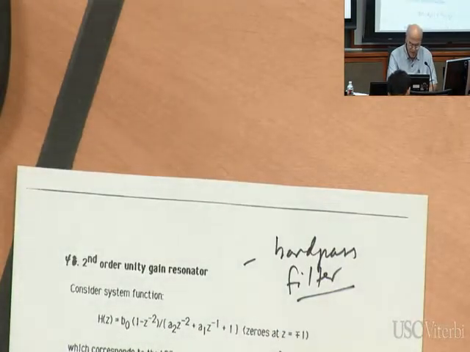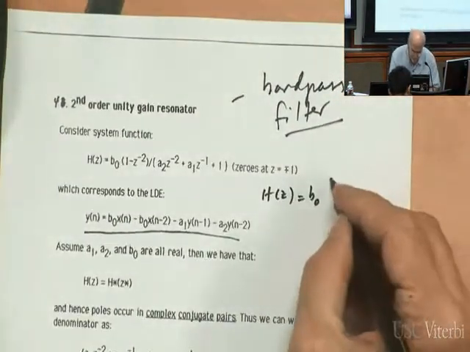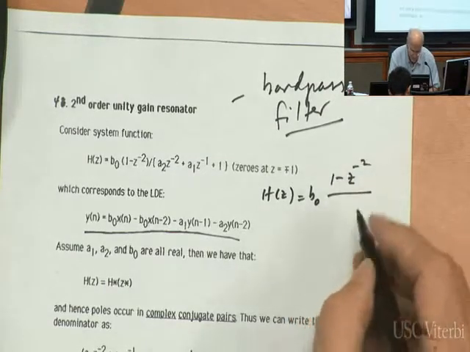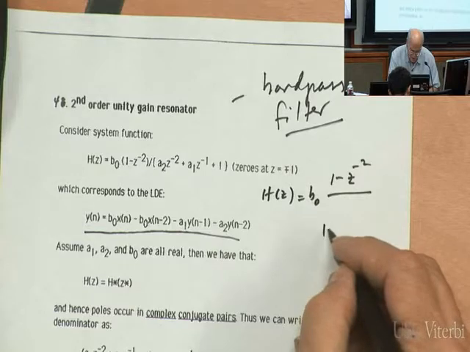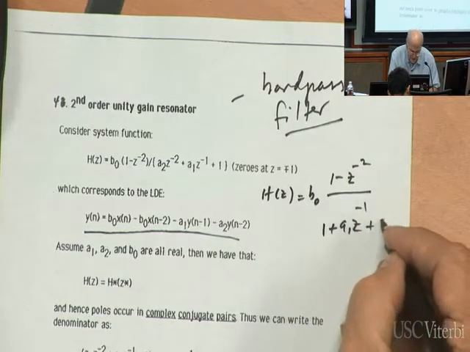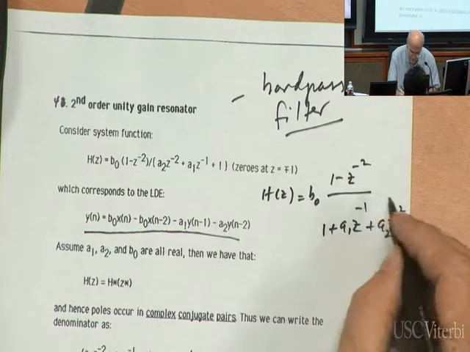Like our real notch filter, it is quadratic in the numerator and the denominator. This looks like 1 plus a1 z to the minus 1 plus a2 times z to the minus 2.